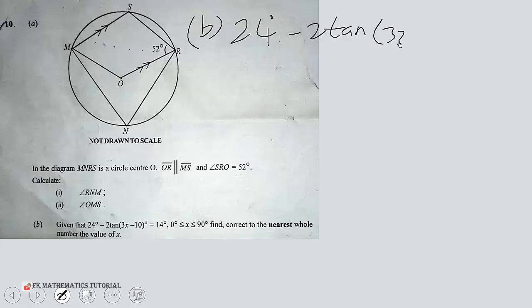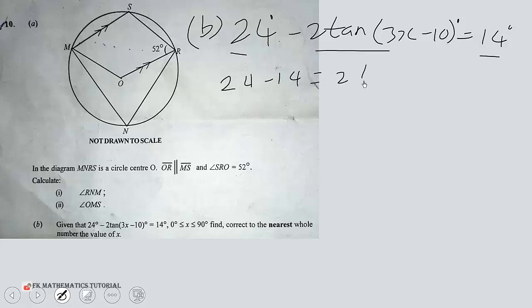We have the trigonometric equation: 24 degrees minus 2 tan (3x minus 10 degrees) is equal to 14 degrees. So we group the constant terms. Let me send this one to the other side to avoid a negative. So 24 minus 14 is equal to 2 tan(3x minus 10).